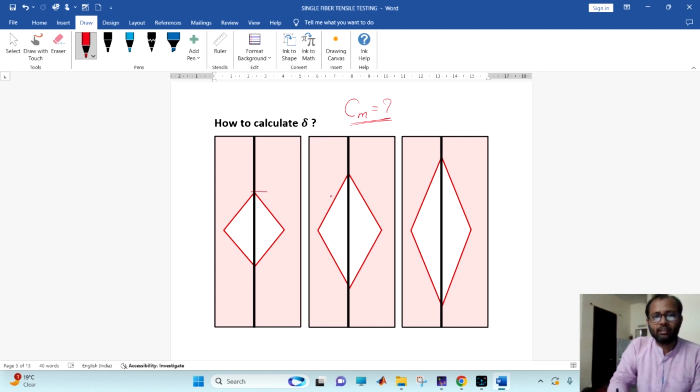First we can make a gauge length of any, I am just taking rough values. You can increase or decrease this, and you have to make a minimum of 5 different gauge lengths.